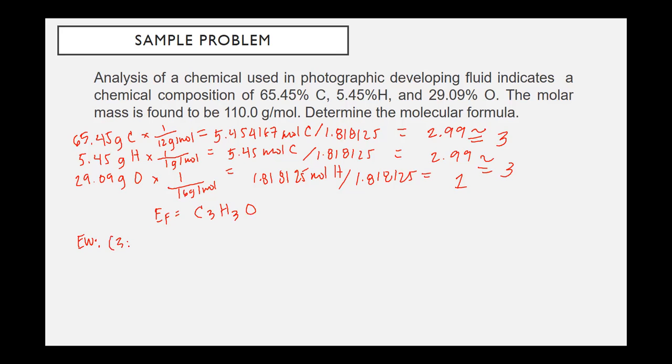So, 3 times molecular weight of C, 12 grams per mole, plus 3 times molecular weight of hydrogen, plus molecular weight of oxygen times 1. So this will be equal to 36 plus 3 plus 16 equals to 55 grams per mole.